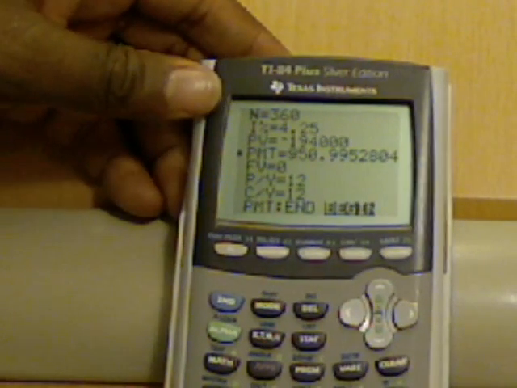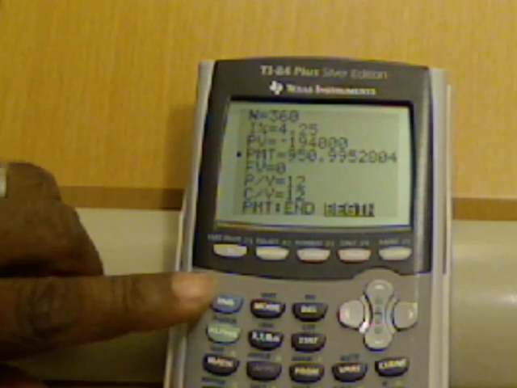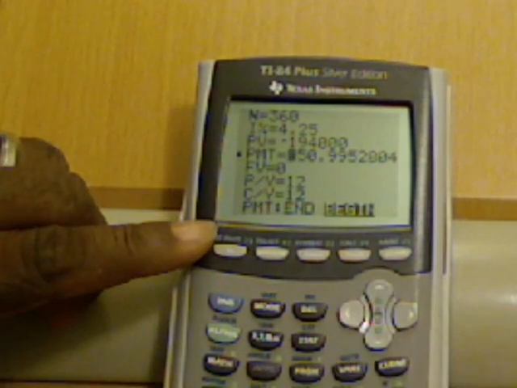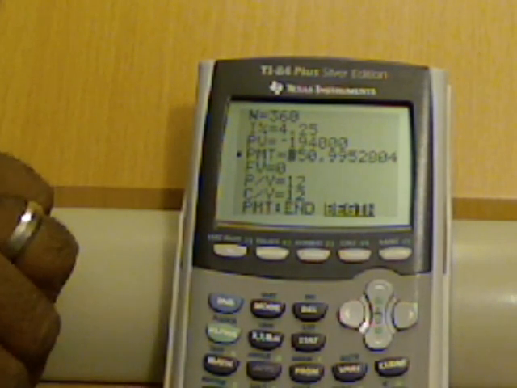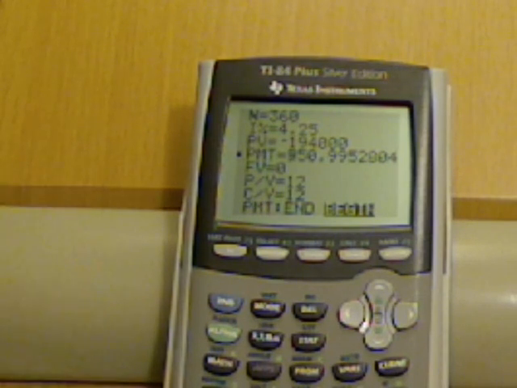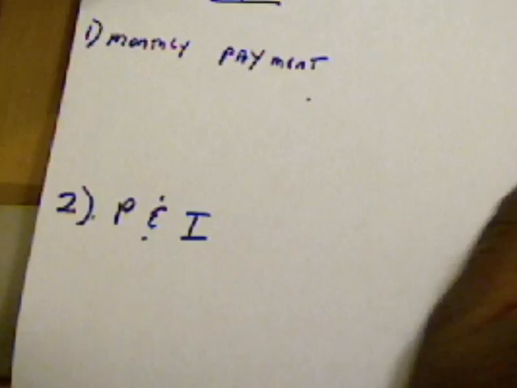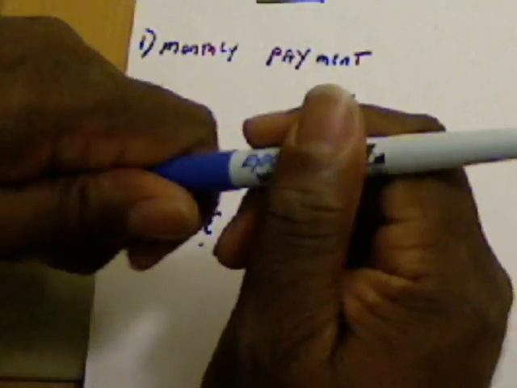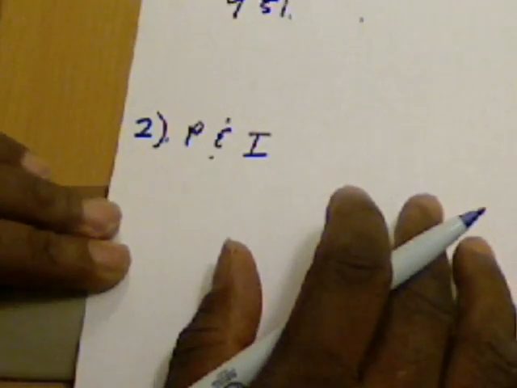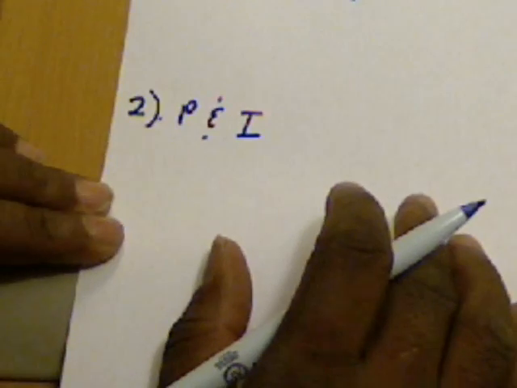And I got a payment of $950.99, which I can treat as $951. So my monthly payment is going to be $951.